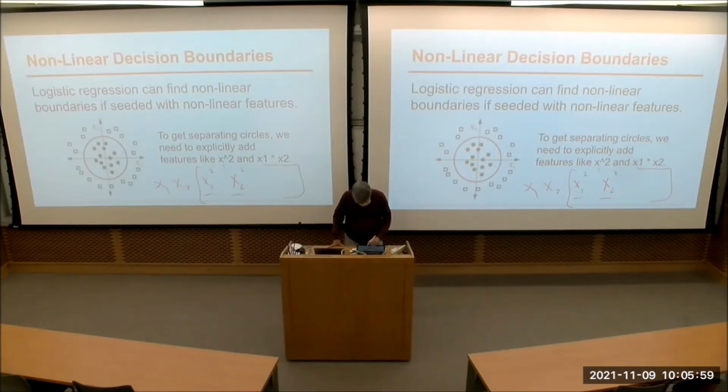As I recall, x squared plus y squared equals 1 is the equation of a circle. And therefore, once you add quadratic terms to the feature matrix, fitting the best linear function of these quadratic terms is going to give us a quadratic separator. So certainly with logistic regression, we can get nonlinear separators. We just have to be smart enough to add the right nonlinear terms to our feature matrix, just like we did with linear regression. Any questions about it?